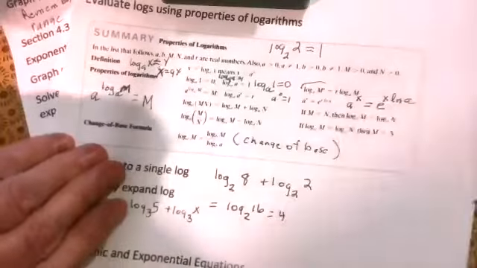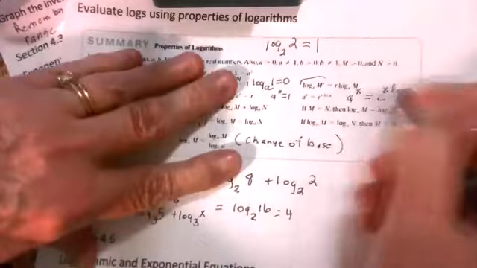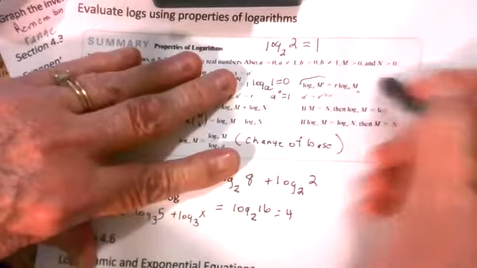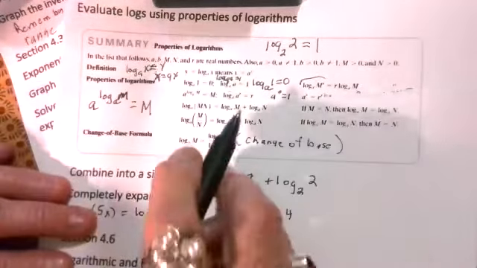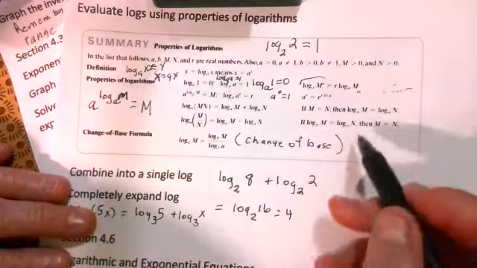I'm not sure what this one's talking about. I may be having a senior moment here, but we talked about this one. This is the product rule where you can expand it.